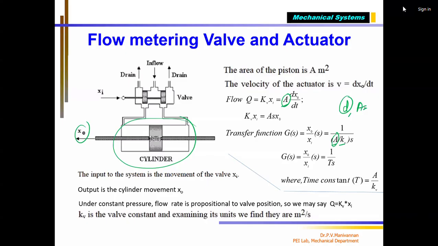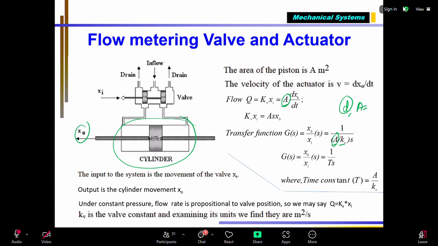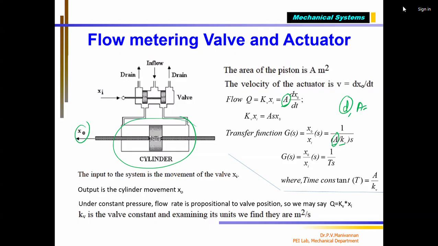If you vary D, automatically A will vary. A varies means the entire equation in a few minutes you can model and see the result, what happens, what is the X naught, correct? That is the advantage of having modeling and simulation. Otherwise, before computers were available, some 50 years before, everything you had to make physically or calculate manually, and you had to check by making a physical prototype. That is now avoided. That's what we are trying to understand.